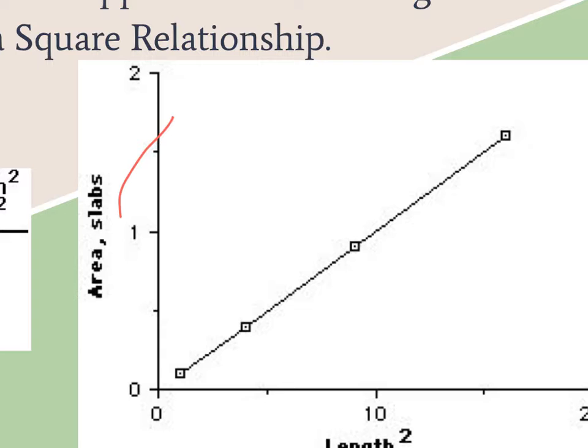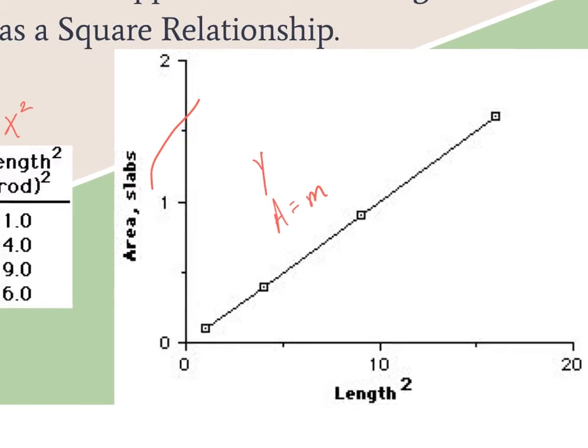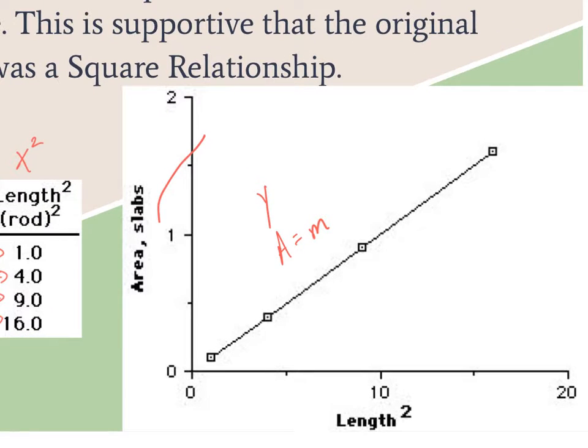And then over here we have our y variable, which is area, is equal to our slope, which is m, times length squared, times L squared. So this is our x.